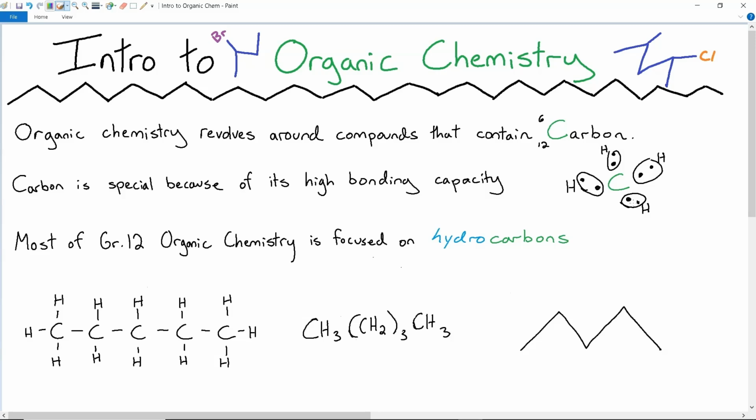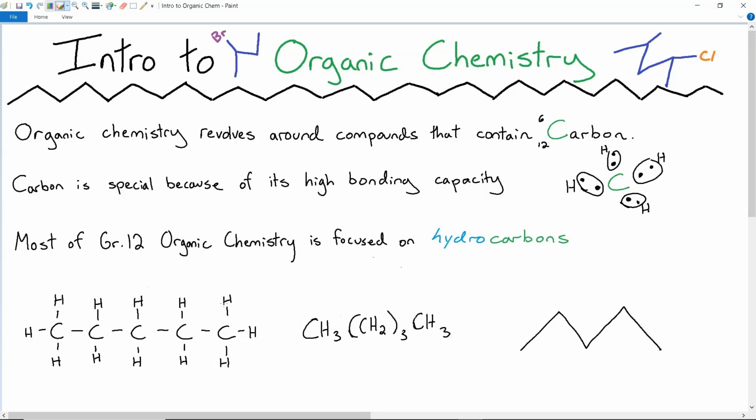So when we have a carbon atom, or let's say a carbon chain, a bunch of carbon atoms bonded together, and those carbon atoms are surrounded by hydrogen bonds, we have what's known as a hydrocarbon. And so the material for grade 12 is really going to focus on all different types of hydrocarbons.